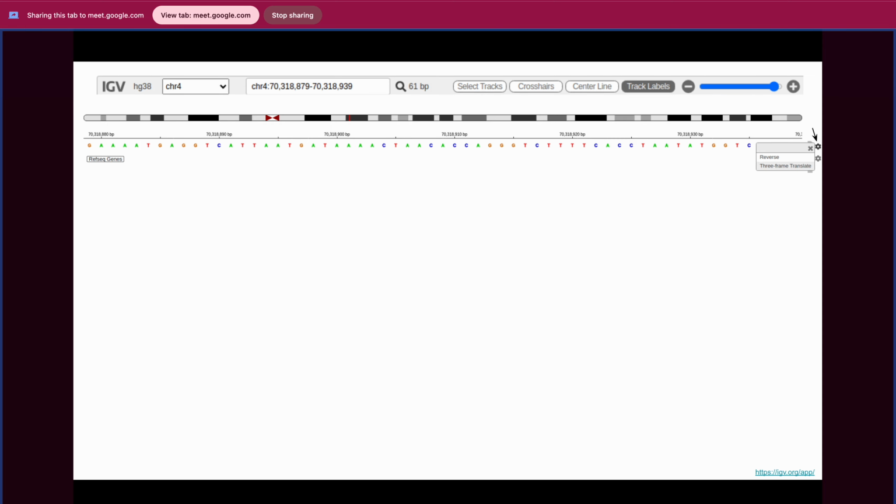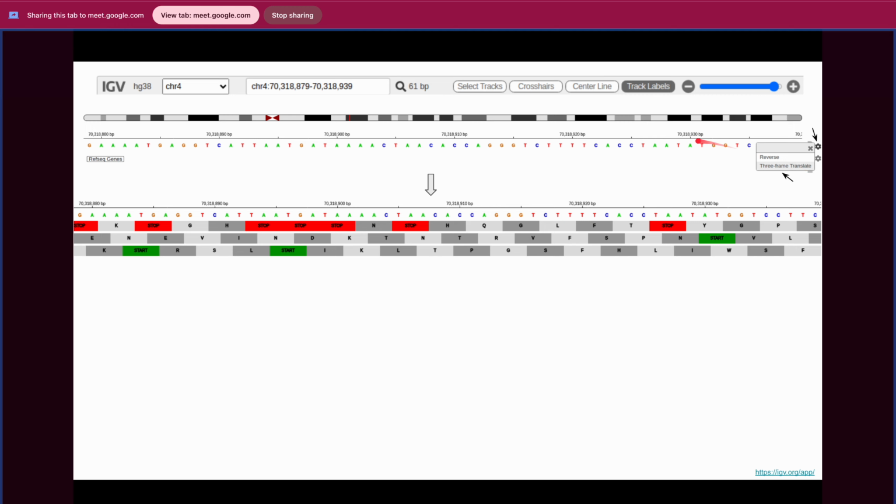For example, we start from this position, then from the next nucleotide position, and then from the next nucleotide position, so there are possibly three different frames. It means there are only three frames in which we can synthesize a new protein sequence. I'll just explain it.